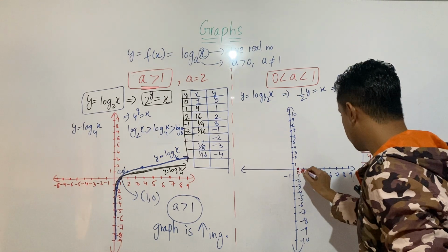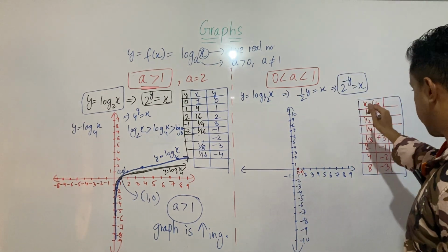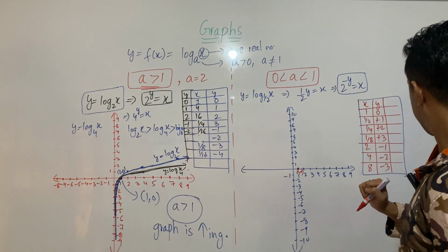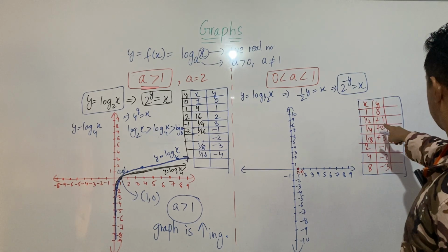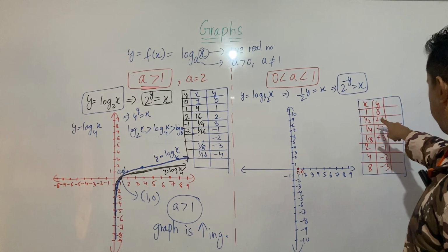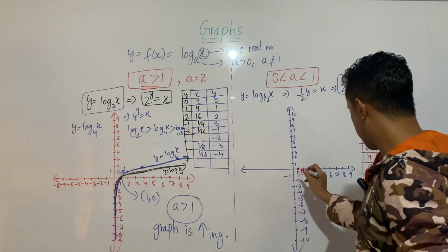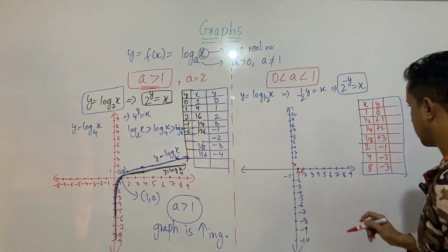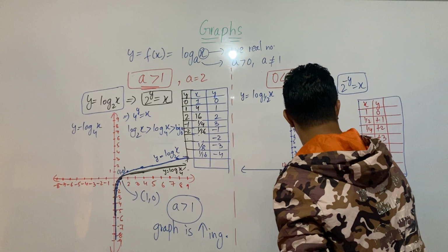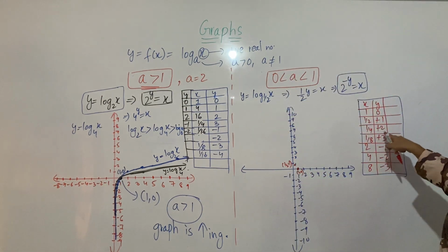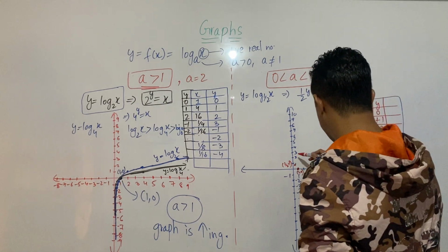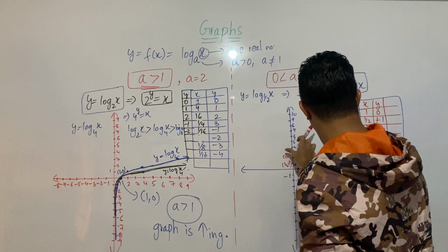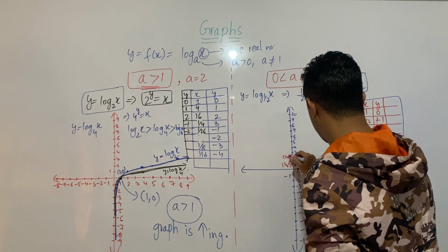Then y is 1, x is 1 by 2: this point. Then y is 2, x is 1 by 4: this point.